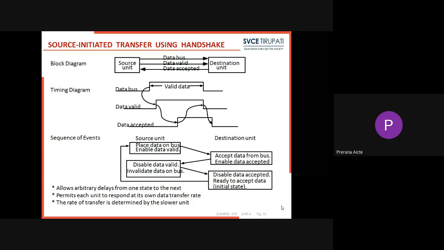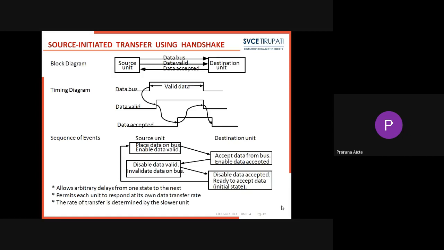The source unit then disables the data valid signal, which invalidates the data on the bus. The destination unit then disables the data accepted signal and the system goes into the initial state. The source does not send the next data item until the destination unit shows its readiness to accept new data by disabling its data accepted signal.